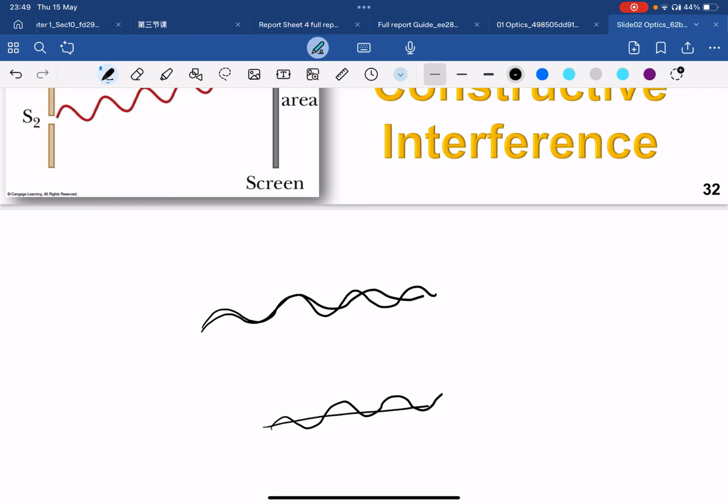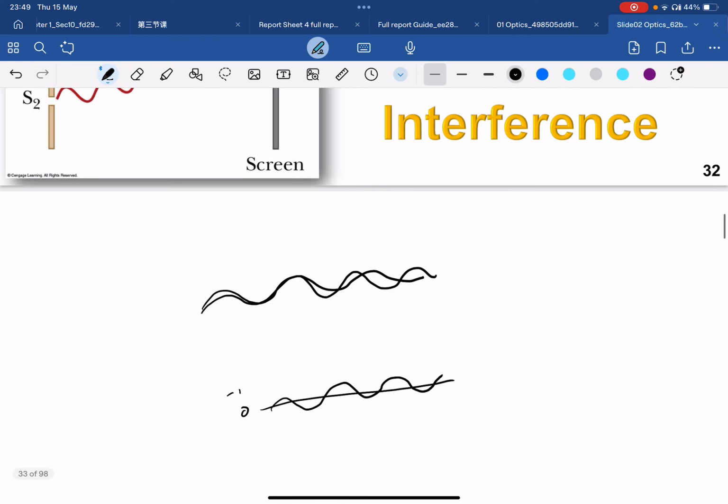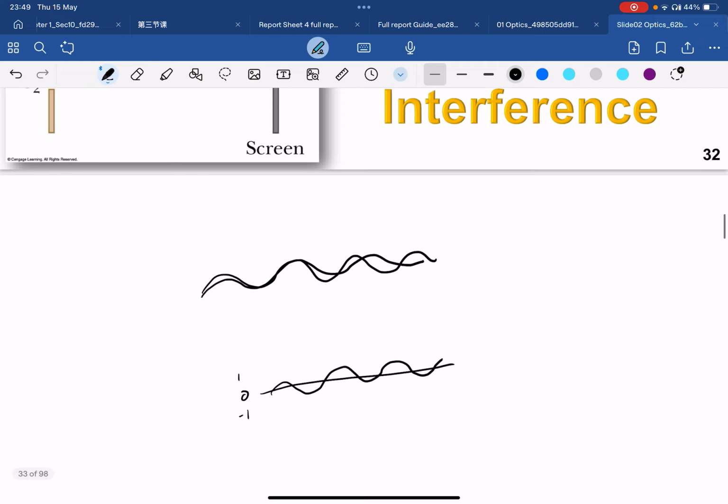So this one wave, when you add them up, because it's a sine wave, you either have +1 or -1, right? So when they add up, at this point, because it's two waves, it becomes 1 plus 1, so then it becomes 2.